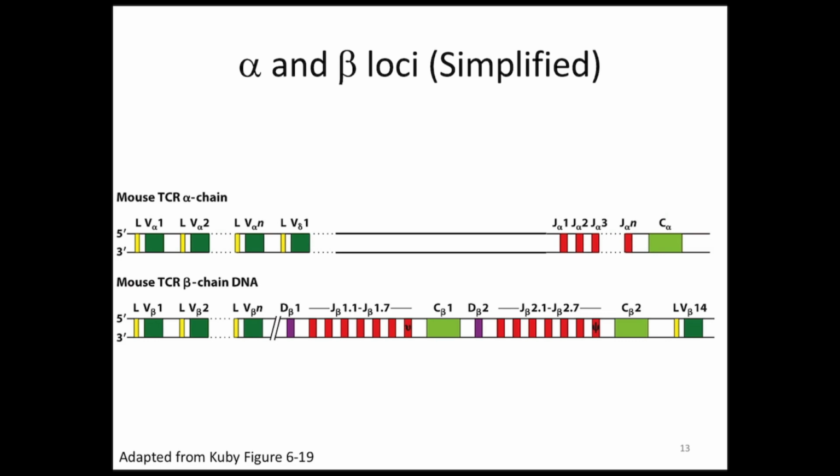So there's V's and there's two sets of DJ constant region. I'm not going to ask you specifically about details of that, but if you are looking at this slide and you see that, you're right, that is what you see. I'm just going to call it V beta, D beta, J beta, constant beta. I'm not going to talk about a deletion or a duplication, but yes, there is in fact a duplication there.